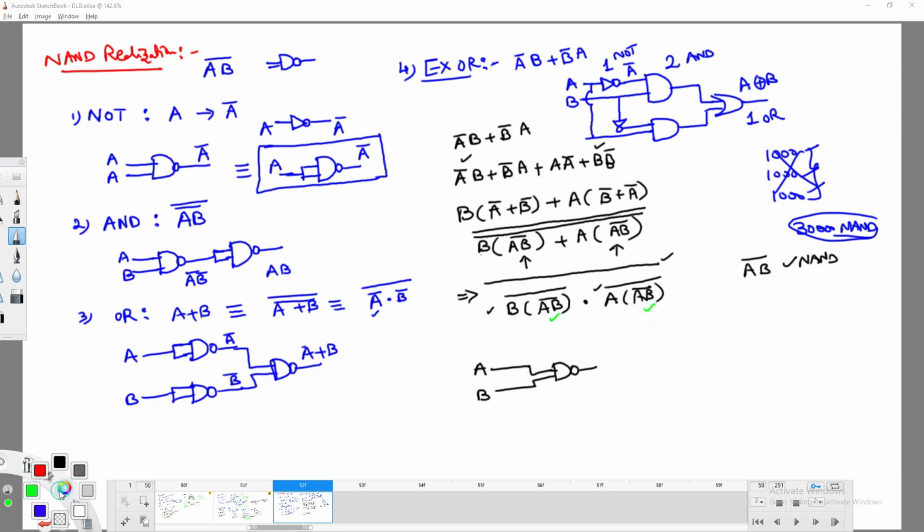So your output will be AB complement. And this AB complement, I need to give to B, or let me do it with A first.